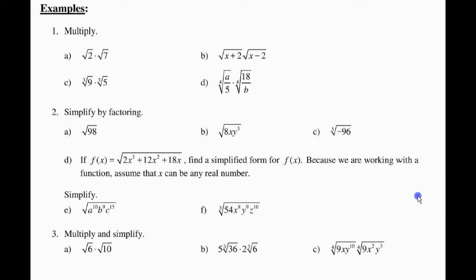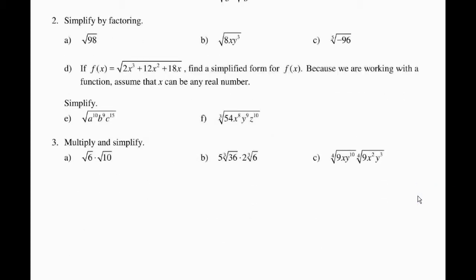Now here we want to simplify. And a strategy for doing it, this is how I would recommend that you do it. You want to simplify this by undoing what might have been there.